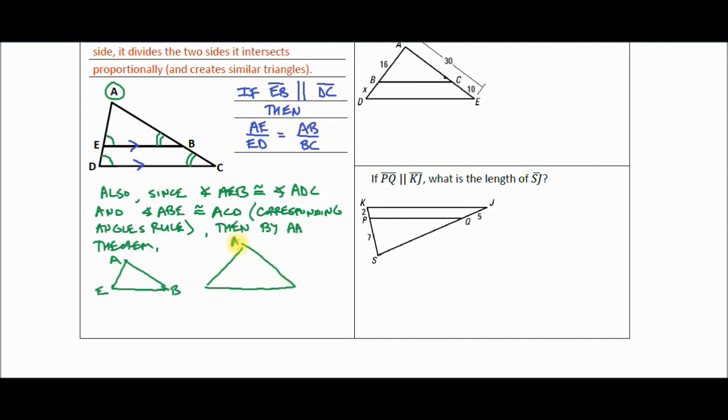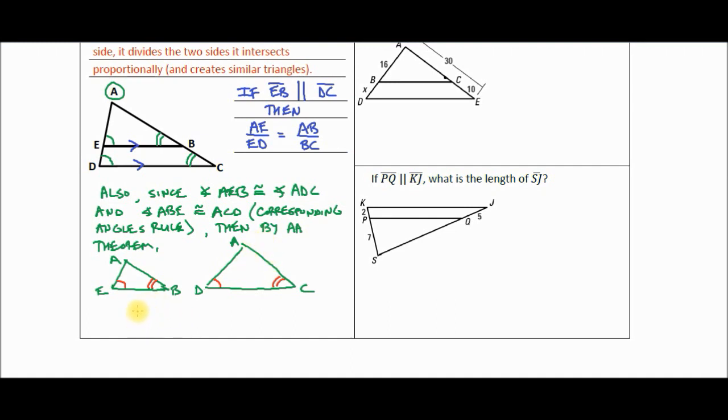This is our bigger triangle, A, D, C. So AEB and ADC. This one represents the smaller triangle, and this one represents the bigger triangle. Since we know that this angle is congruent to this angle, and this angle is congruent to this angle, we know that these two triangles are similar by the AA theorem.